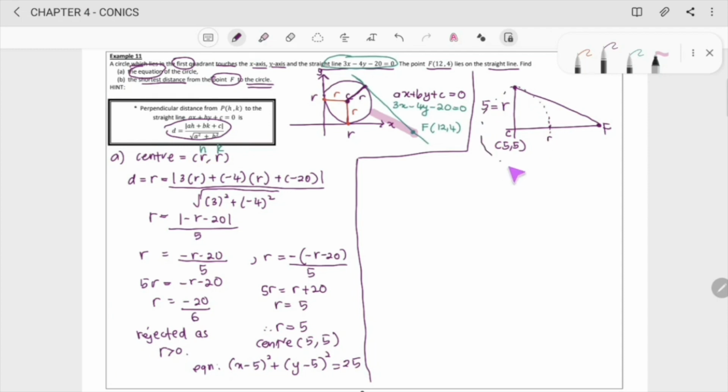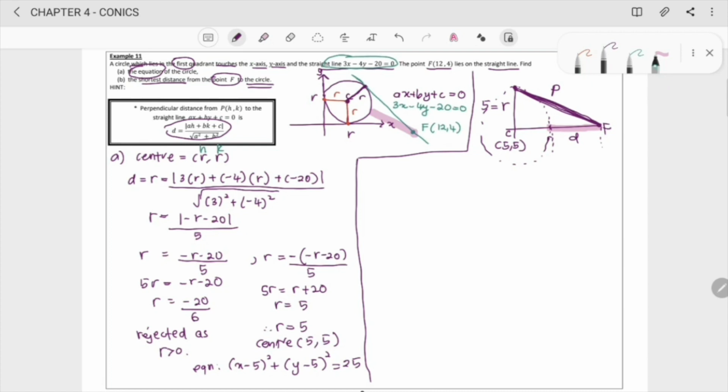So this is the circle. We are going to find this length. Let's say we name it P, but it doesn't matter. We don't have to find the value of P. What we need is this highlighted one, we call it D.